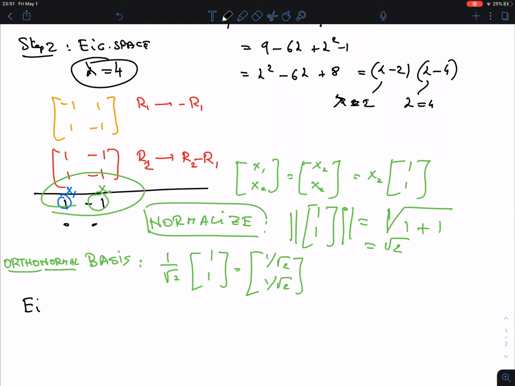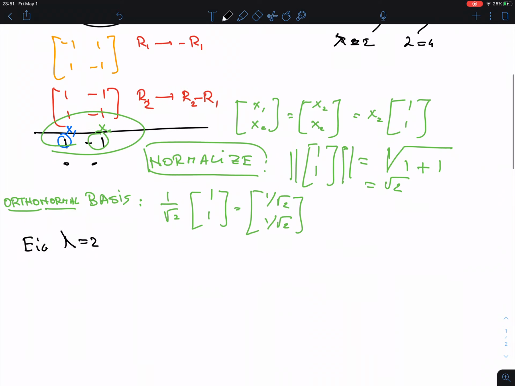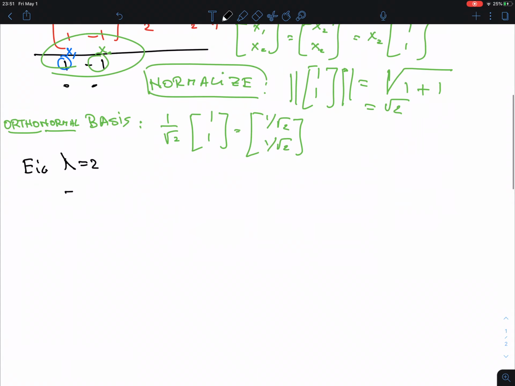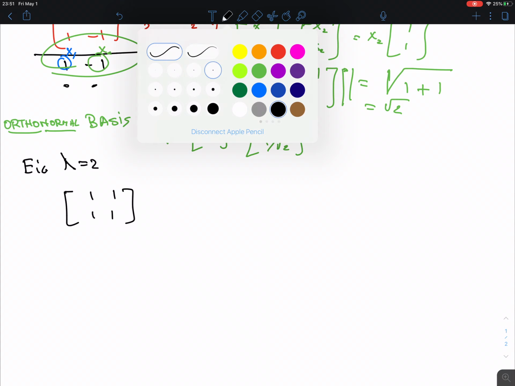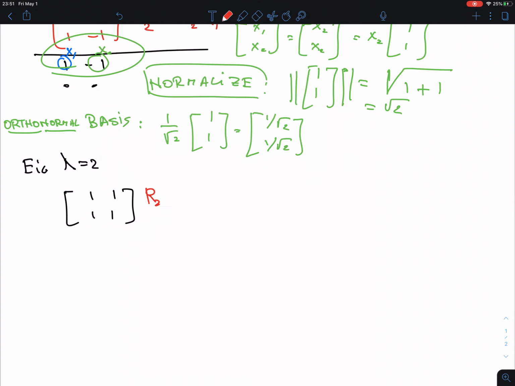The eigenspace for lambda equals 2. Okay, so we subtract 2 from the diagonal, it's 1, 1, 1, 1. We do row 2 minus row 1. We get 1, 1, 0, 0.